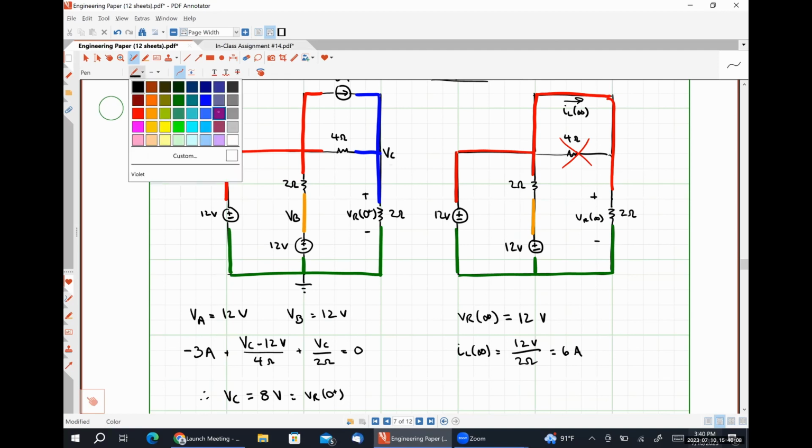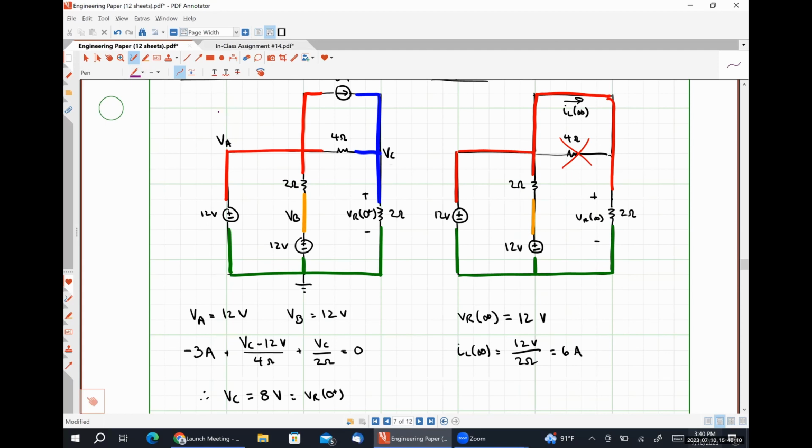So let me show you what I mean here. This is IL, where it's defined. It's going to flow down here. None of it can flow to the left through the 4 ohm resistor because the 4 ohm resistor is shorted out. If any current flowed through the 4 ohm resistor, the voltage drop across the 4 ohm resistor would not be 0, and the voltage drop across the short circuit has to be 0.